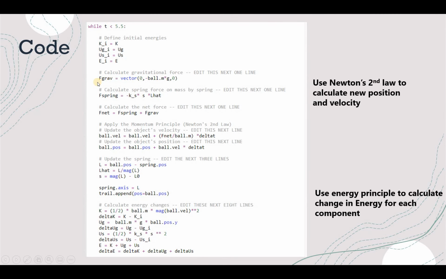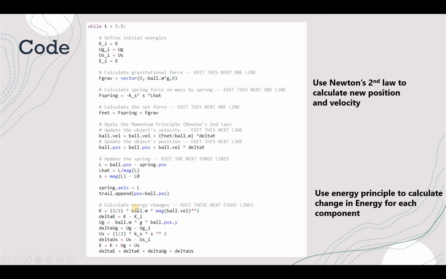This is what we did there. And then F gravity is going to be the mass of the ball times gravity. The spring force will be Hooke's law, and then our F net will be the addition of both of them together. Then we're going to use Newton's second law for our new velocity and position, which we'll use to update the length of the spring.